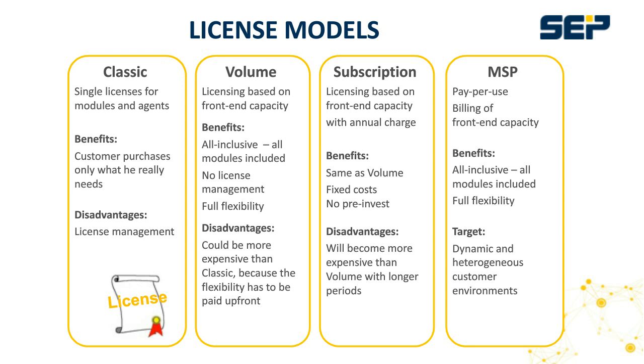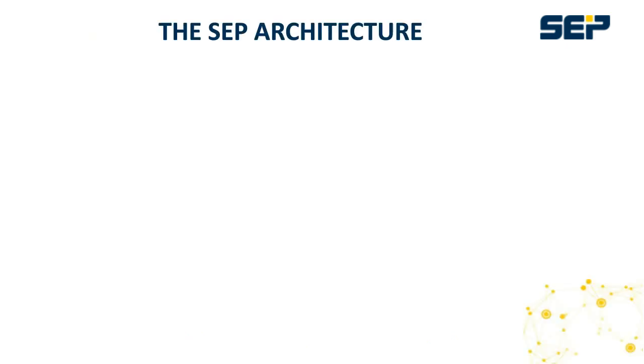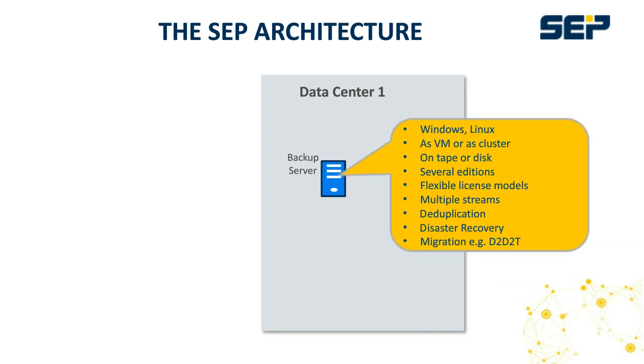For the supported environment, just in a nutshell, what I talked about before, we have here an overview how the architecture works and what we are able to support. That means we normally start with the SAP sesam server. The sesam server is, let me say, the brain of the complete data protection environment that keeps the database, keeps the metadata, so everything is stored at the sesam server.